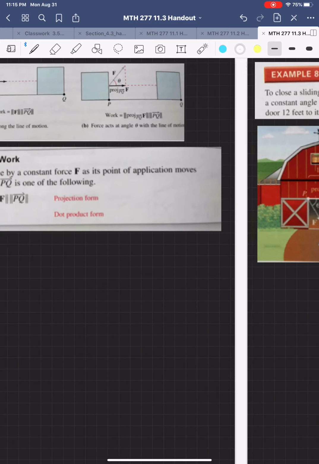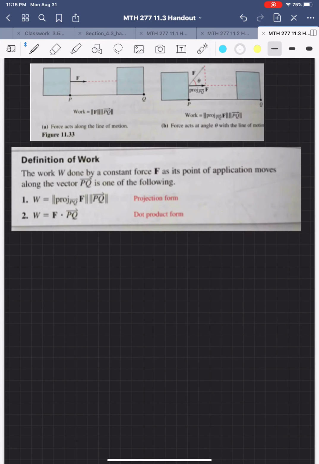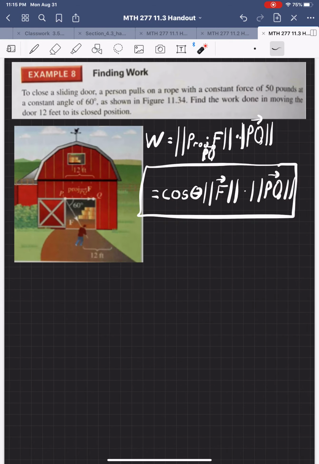I'm going to scoot back a second. So this is our formula, and that is a dot product, by the way. This is our formula when there's no angle being accounted for, but if there is an angle, you need to change it up. So this becomes our formula here. And so now let's just finish this up. This is fairly simple.